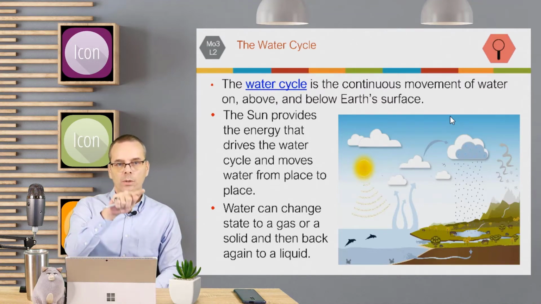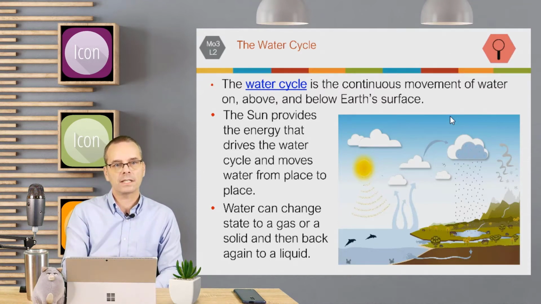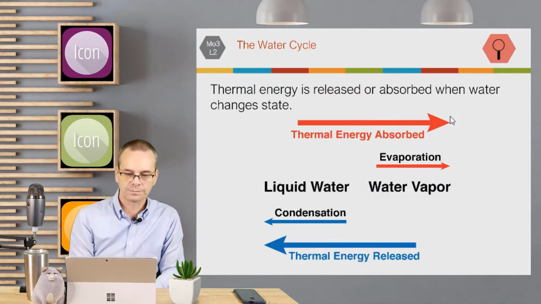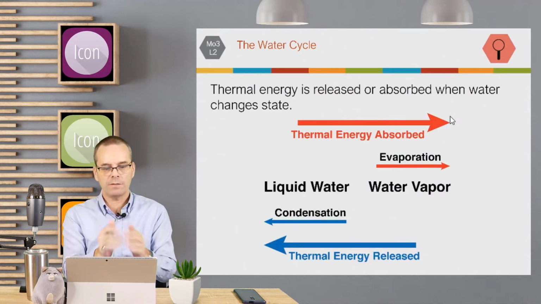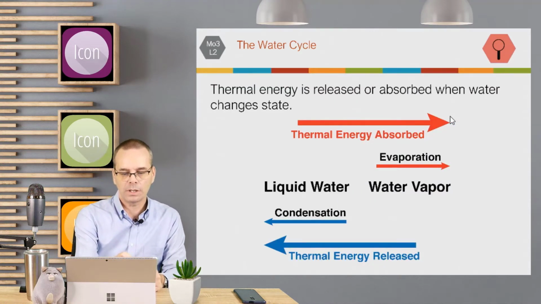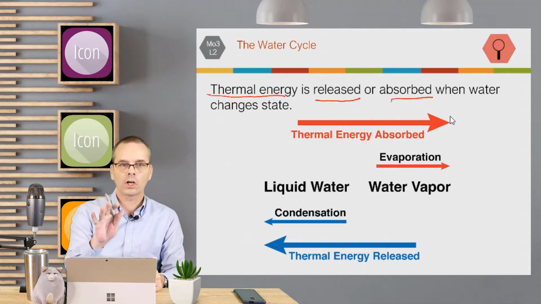And in the water cycle, it can have different states as the sun provides the energy that moves it from one place to the next.